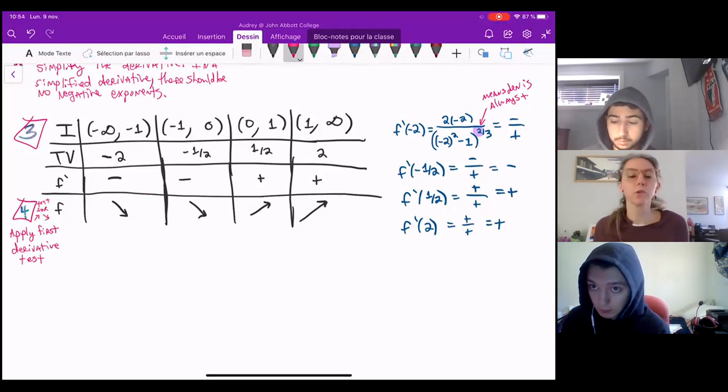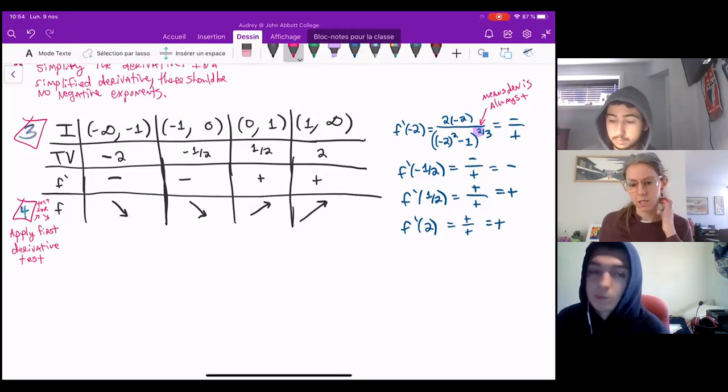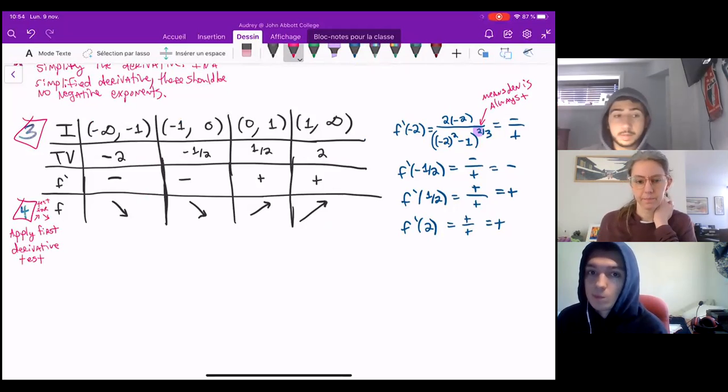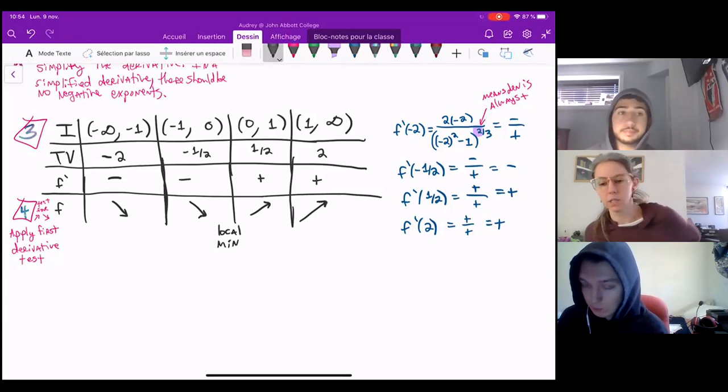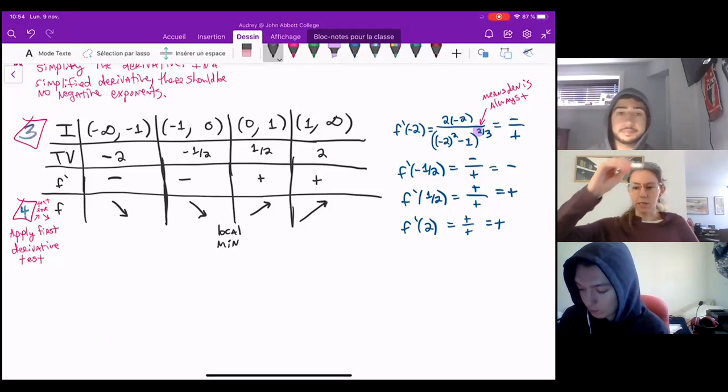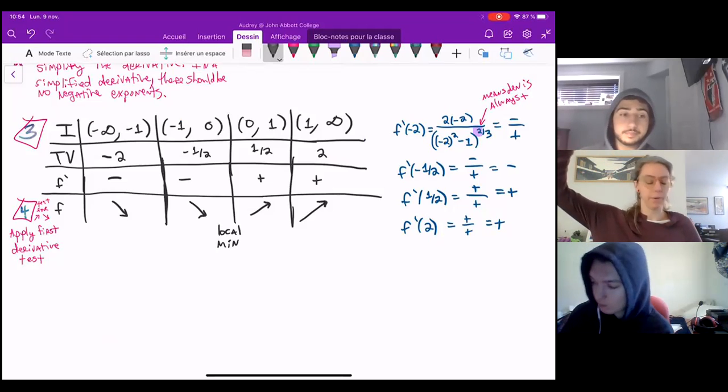So what would the first derivative test tell me about maxima and minima? Do I have any? You have a local minimum. You got it. I have one local min right here at x equals 0, because we can see that it's going down and then going up.